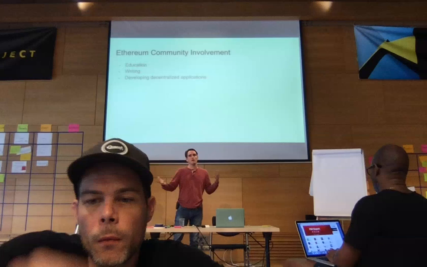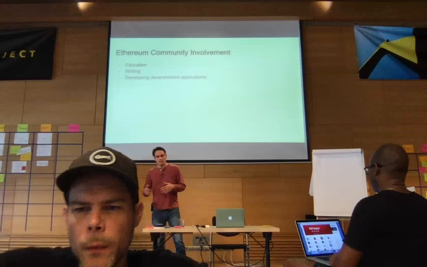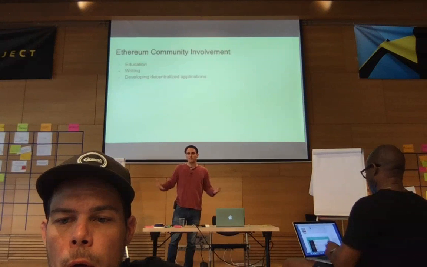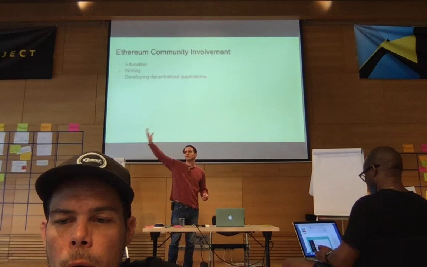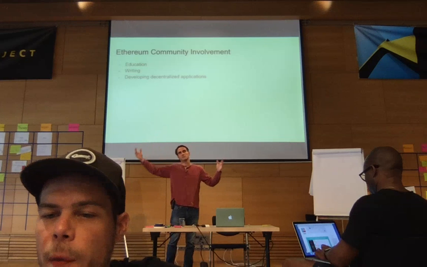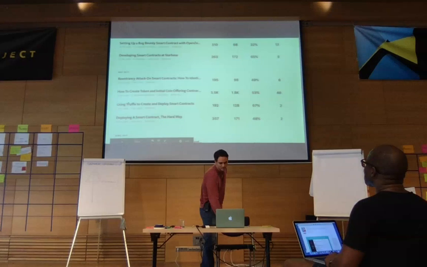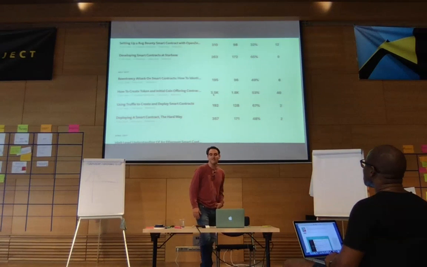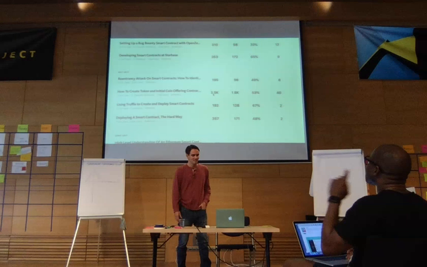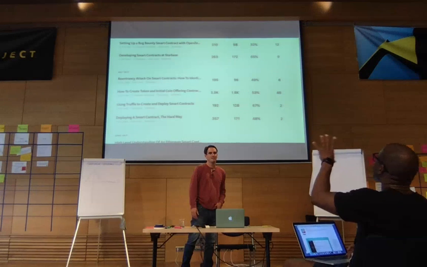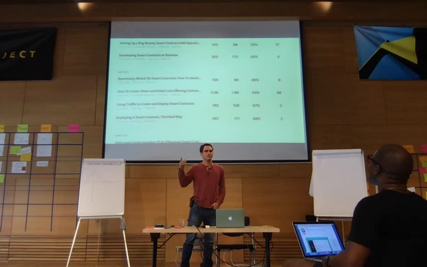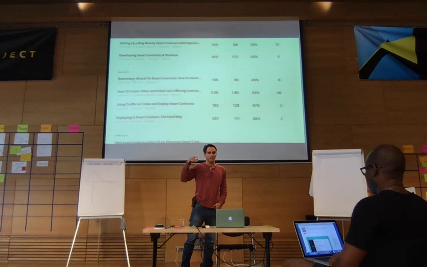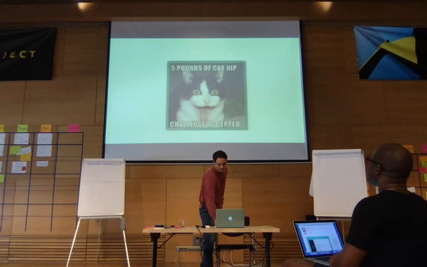Rather than hearing a jargon term like smart contract, here is one that I wrote on how to create a token, an initial coin offering, which was seen like 3.5 thousand times. So there's a lot of interest. This is on Medium. My handle is the same as my Twitter handle.